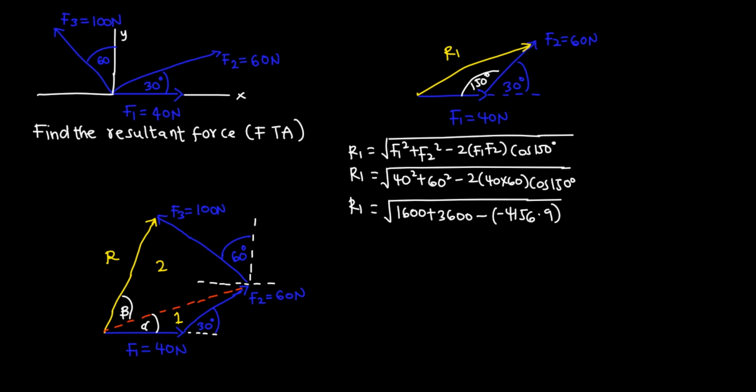So now let's further simplify. Because of the two negatives that we have there, we're going to have a positive sign there. So let's add the 1600 and then 3600. That gives us 5200, and then you're going to have plus 4156.9.